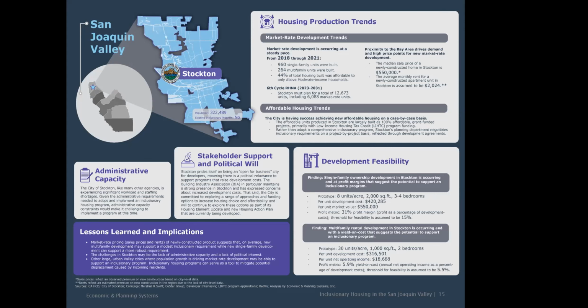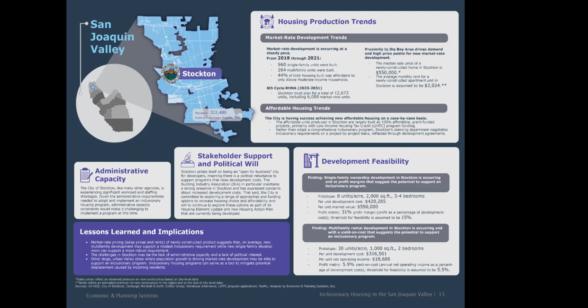They're seeing market rate development occurring. As a little bit of an aside, the affordable development that they're seeing is occurring primarily in the form of 100% affordable, LIHTC subsidized projects. But they've also been really successful in negotiating for inclusionary units through development agreements, even in the absence of a formal inclusionary program.